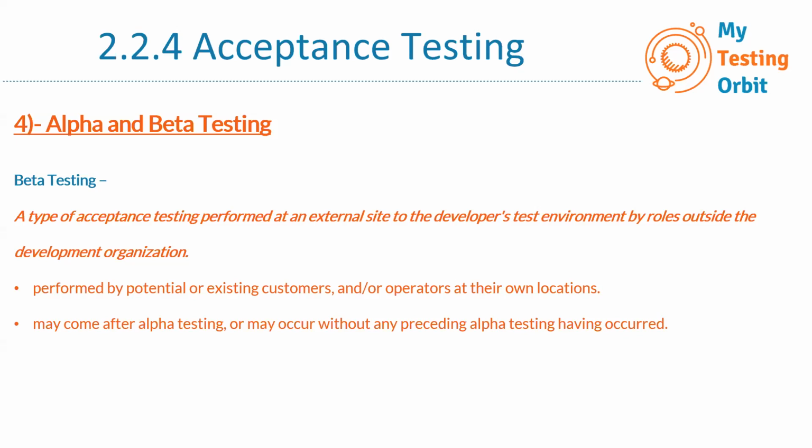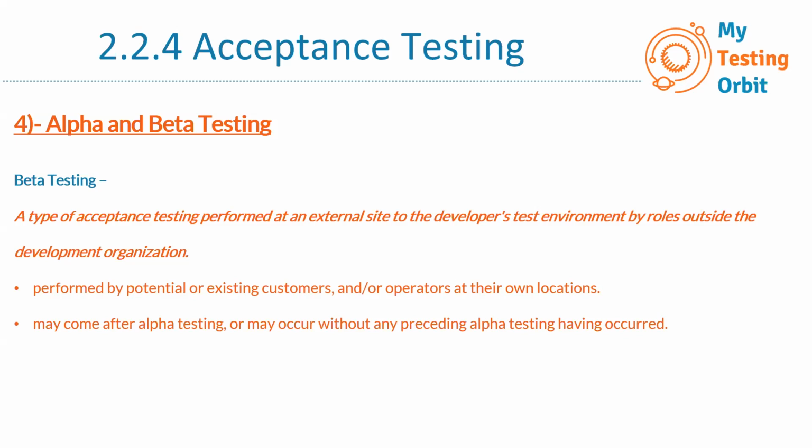So let's say now we have successfully signed off alpha testing, and then beta testing has begun. In this case, it is exposed outside of the organization to people within the actual target market. It provides feedback from real customers in actual customer environments rather than our test environments.